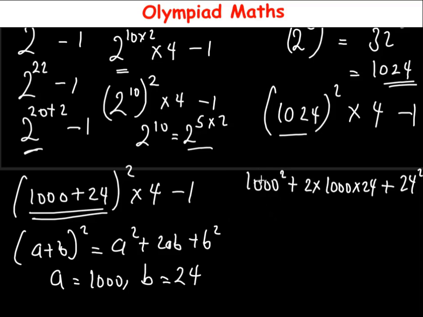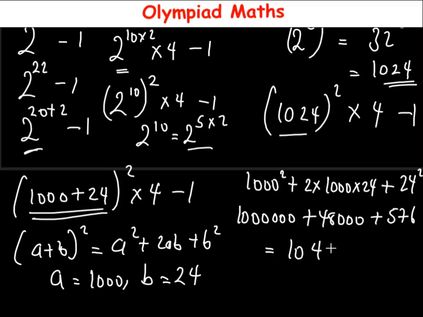So 1000 squared is 1,000,000. Plus 2 times 1000 times 24 is equal to 48,000, plus 24 squared is 576. Now adding this up, 1,000,000 plus 48,000 plus 576 is equal to 1,048,576.